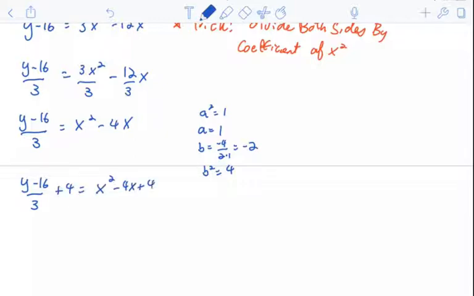Now I can factor the right-hand side. Factoring is super easy, and I use ax plus b all squared, just like I like doing. A is equal to 1, b is equal to minus 2.